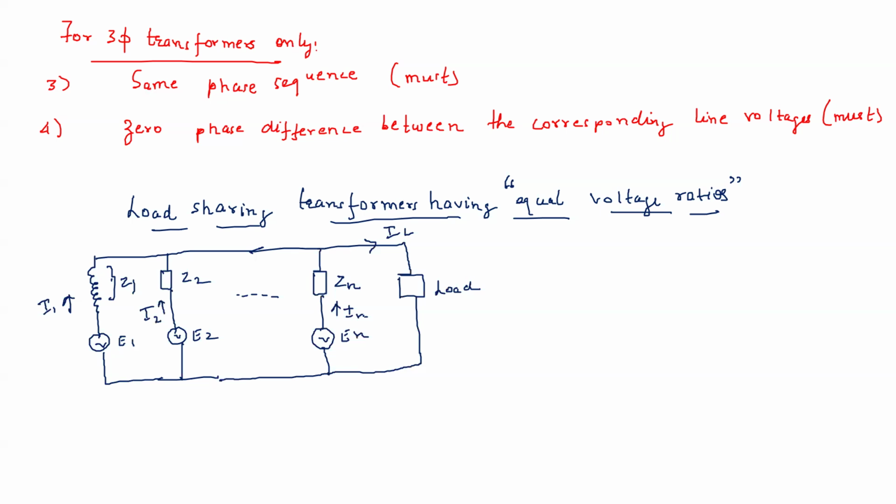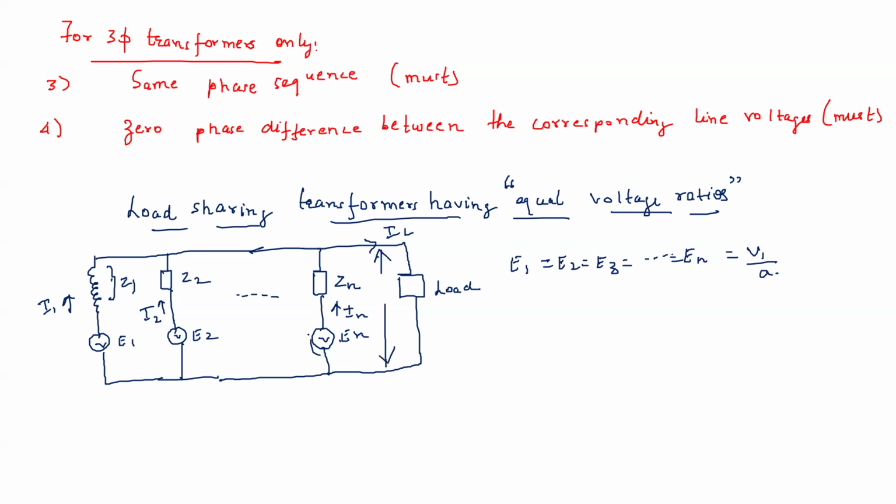Because these transformers have the same voltage ratios, E1 is equal to E2 is equal to E3 is equal to En, which is equal to, let us say, some voltage ratio V1 by A. Because they are parallel connected and these E1, E2, and so on, En are equal, the voltage drops I1 Z1, I2 Z2, and so on, In Zn should also be equal, because this potential is same.